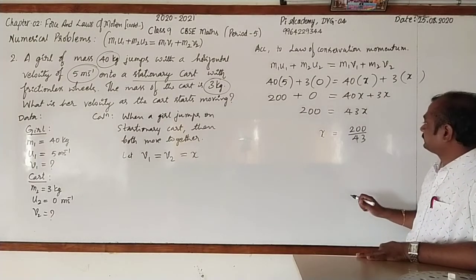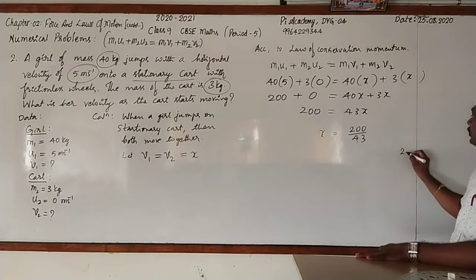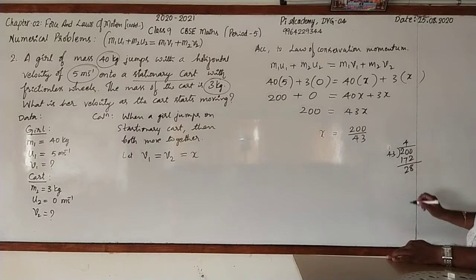Now, let us go for dividing 200 by 43. 43, 4 3s are 12, carry 1. 4 4s are 16 plus 1, 17. 10 minus 2, 8. 9 minus 7, 2. 1 minus 1, 0.